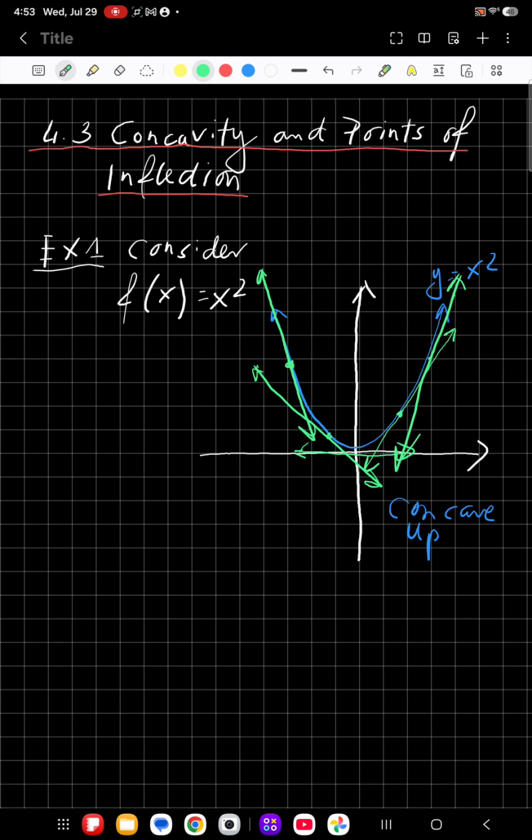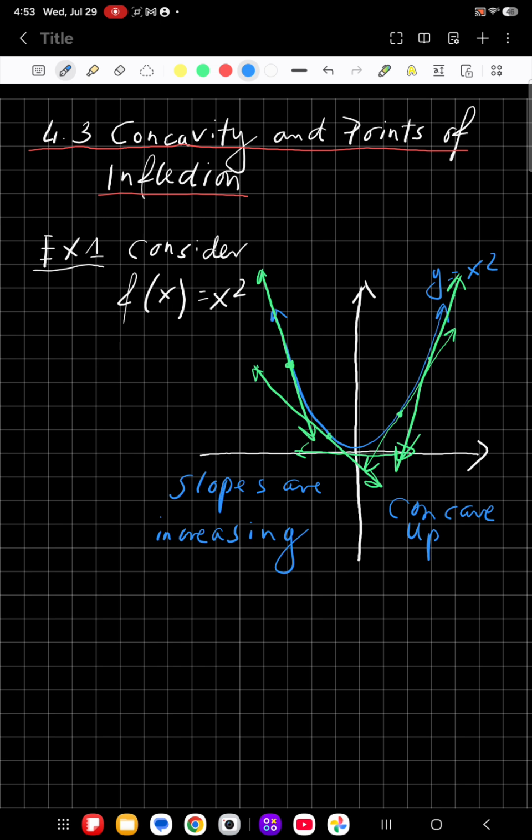You see that the slopes are increasing. So let me write it: slopes of tangent lines are increasing. That will be one of the ways to tell whether the concavity is up or down.